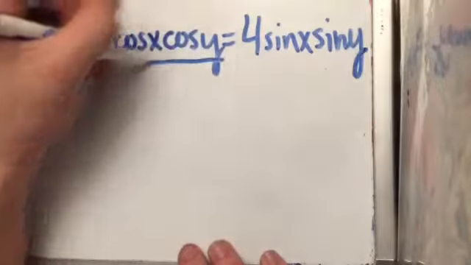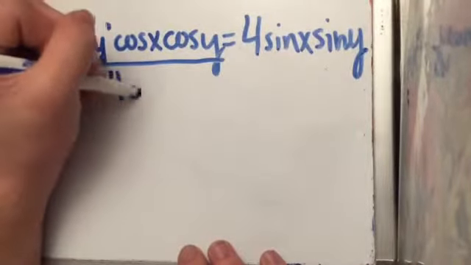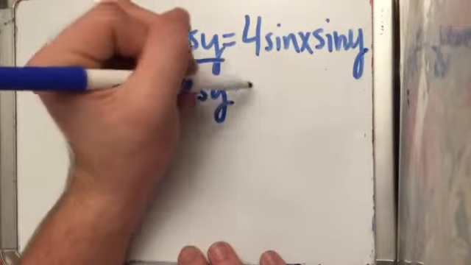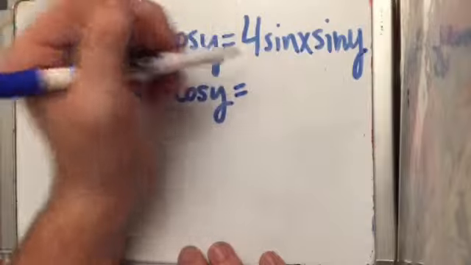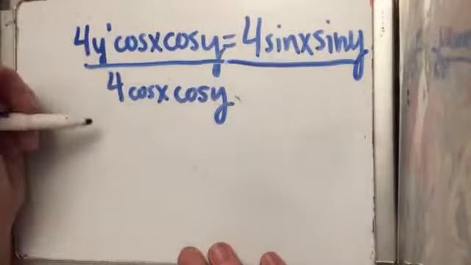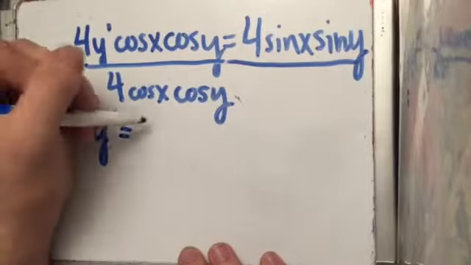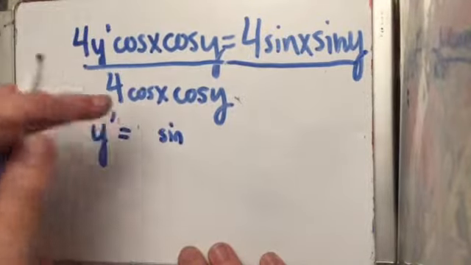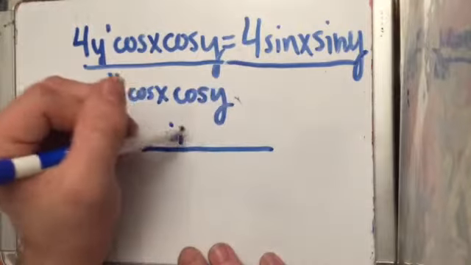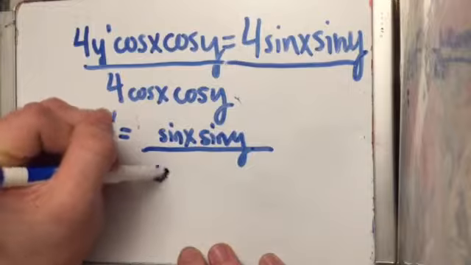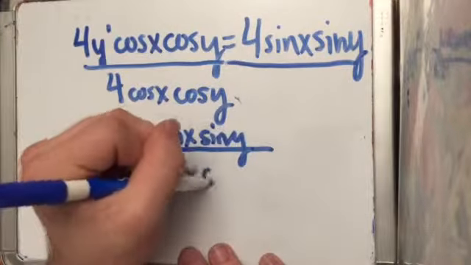So we're going to try to isolate y prime. So 4 cosine x cosine y equals, or sorry, my bad, divide that out. So y prime equals 4 sine x, sorry, the 4's cancel out, sine y over cosine x cosine y.